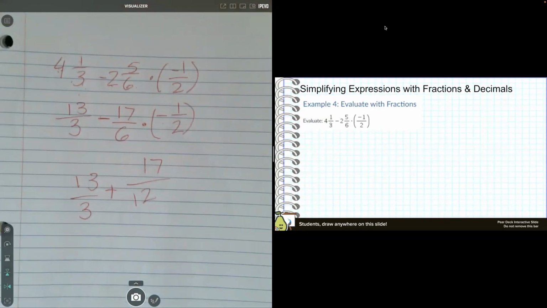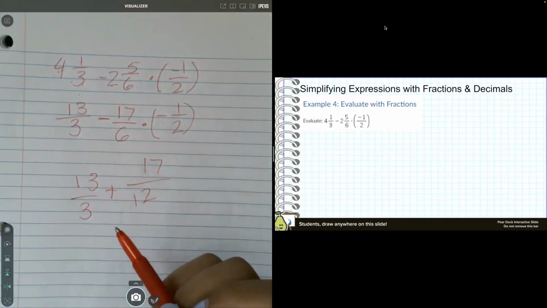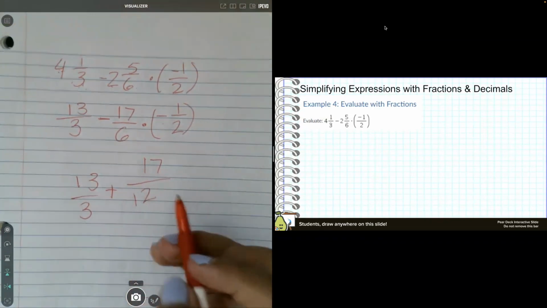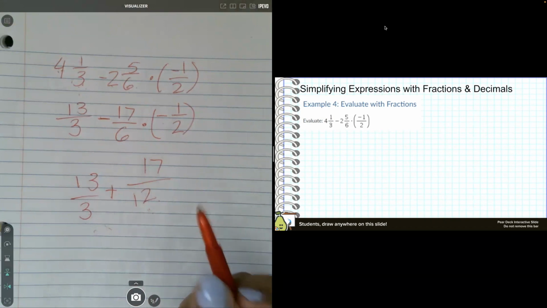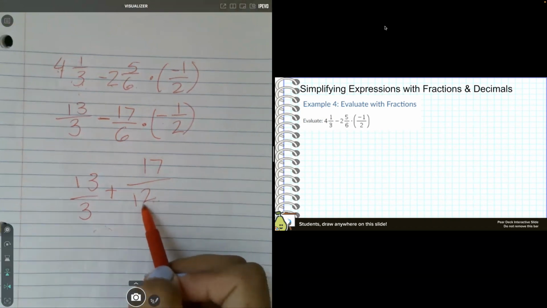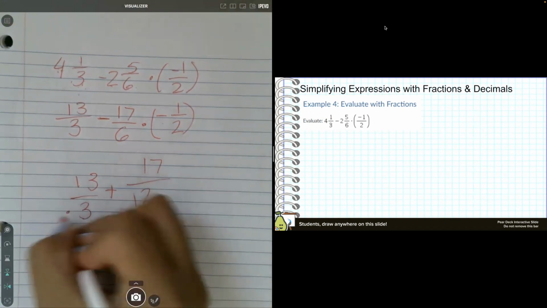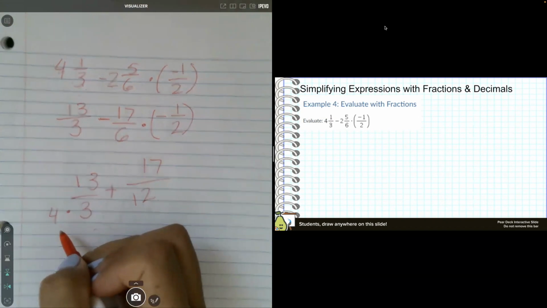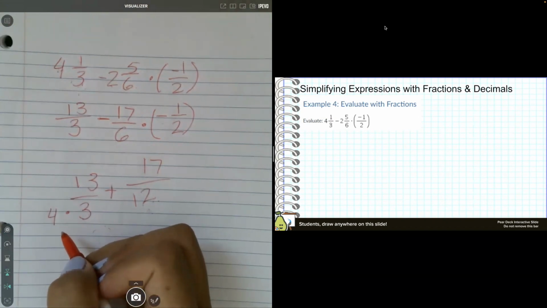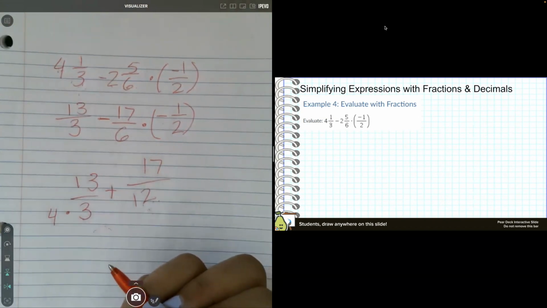The way that I add fractions is I need them to have the same base first. 3 and 12 have the multiple of 12 in common, right? 12 times 1 is 12. 3 times 4 is 12. So I have to multiply my 3 by a 4 to get the same base here of 12. And that means I also have to multiply my 13 by 4.